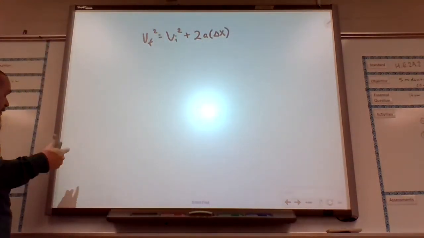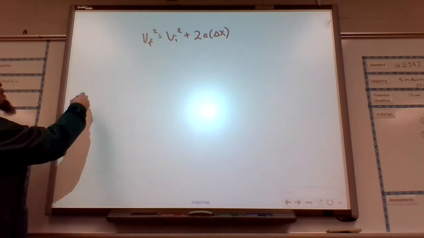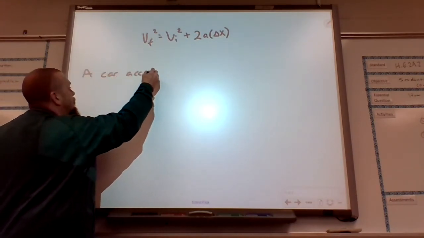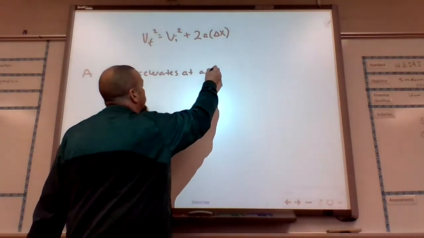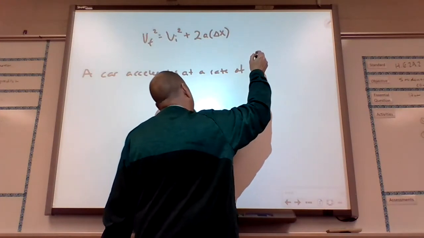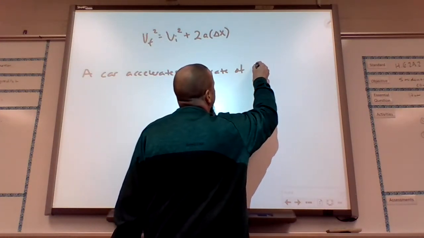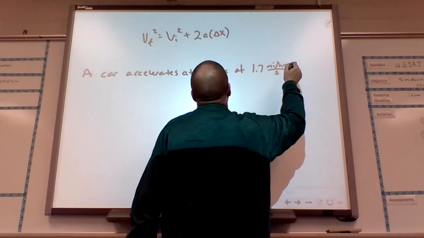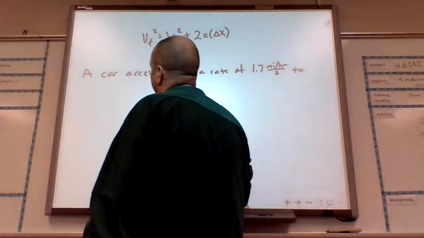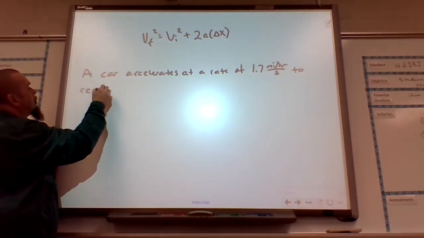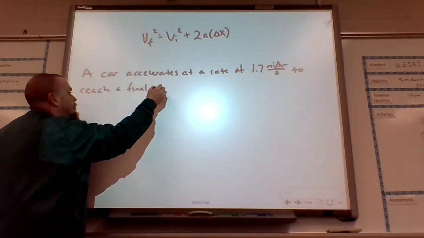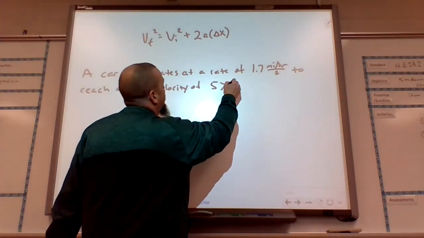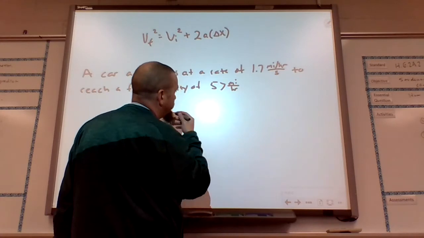All right, let's do another one with a little bit more work involved with it. So a car accelerates at a rate of 1.7 miles per hour per second to reach a final velocity of 57 miles per hour.